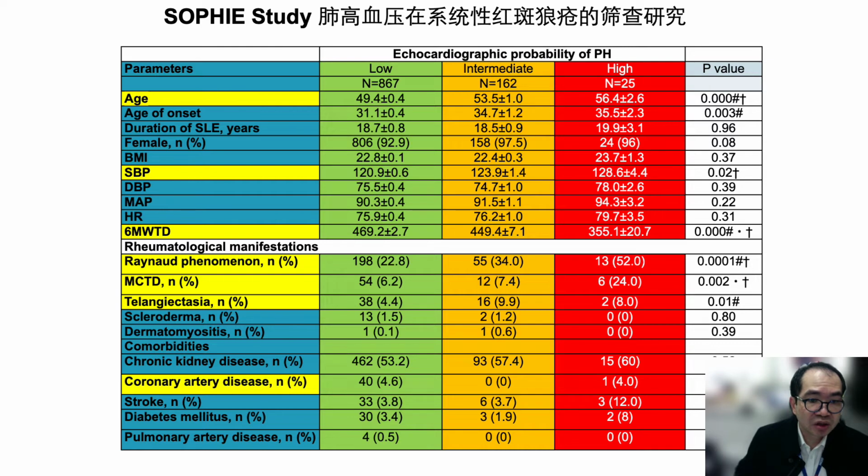And if we compare patients with low, intermediate, and high probability, you can see that age is an important determinant of pulmonary hypertension, and then the resting blood pressure. At the same time, you may see that the presence of Raynaud phenomenon, or patients with mixed connective tissue disease, and patients with telangiectasia that you can detect on the patient's face, are also important clues that this patient may have pulmonary hypertension.